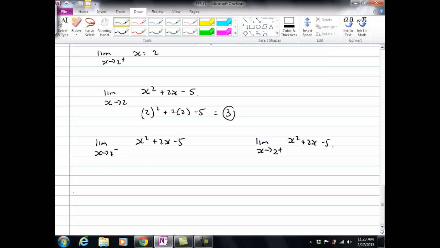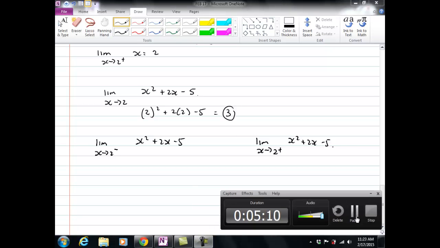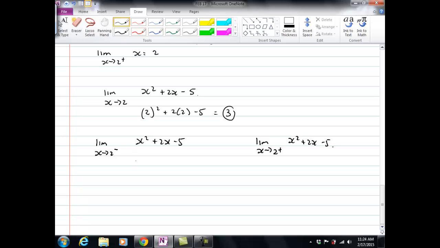You're going to do both the left side limit and right side limit, and we're going to see if it hits our magic number 3. You should get something around 2.999 something. If I do from the right, you should get 3.001 something. And no matter what, it's going to be hitting almost 3. Instead of doing left and right side limit, I just saved myself a lot of time.